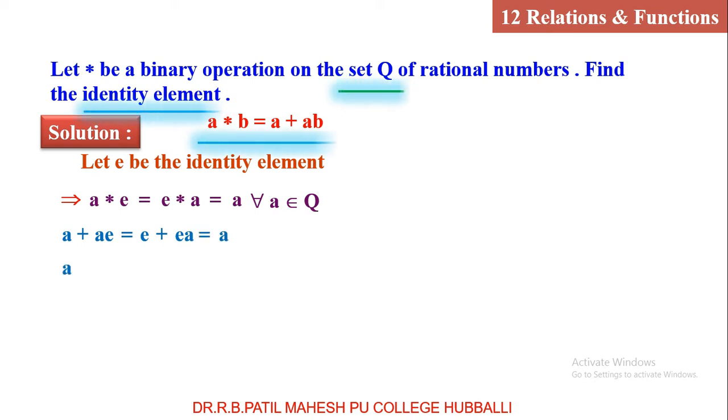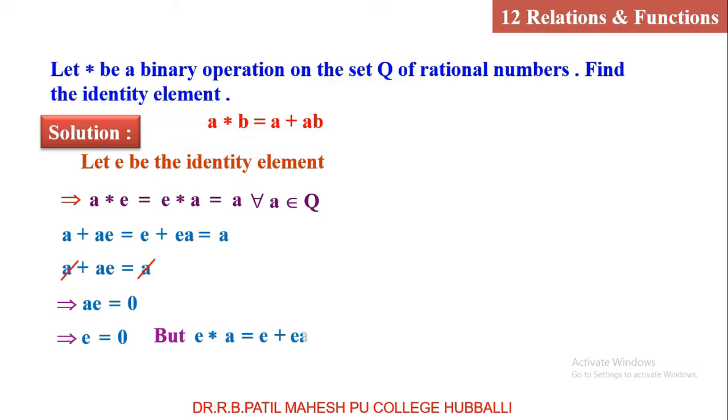Then any one I will take: A plus AE equal to A. Solve it. A and A get cancelled, so that AE equal to 0 and E equal to 0. But E star A is equal to E plus EA.